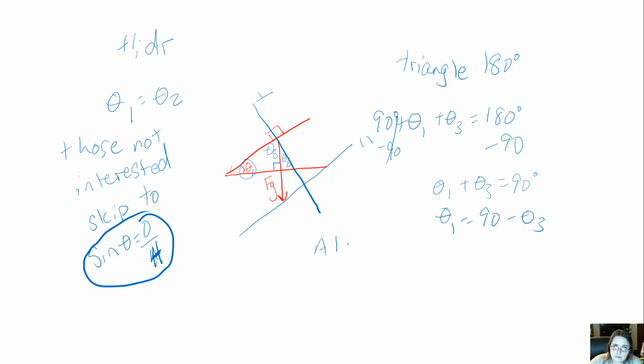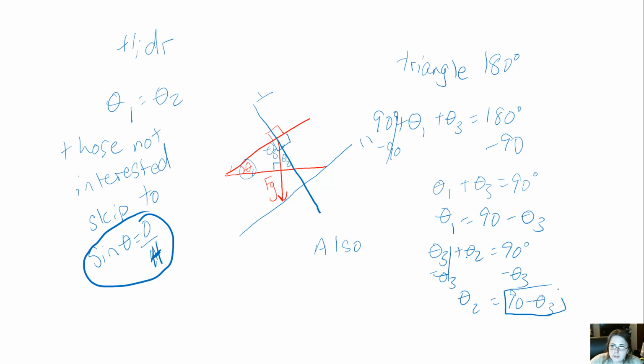Also, we know that this is perpendicular right here, so it's 90 degrees, which makes this right here also 90 degrees. So theta 3 plus theta 2 is equal to 90 degrees. And if we solve for theta 2, we can see that theta 2 is equal to 90 minus theta 3.